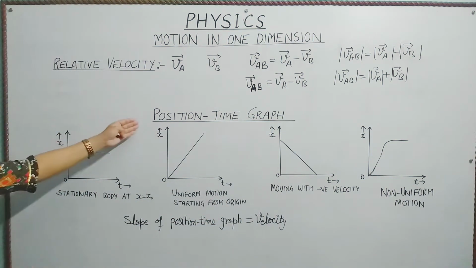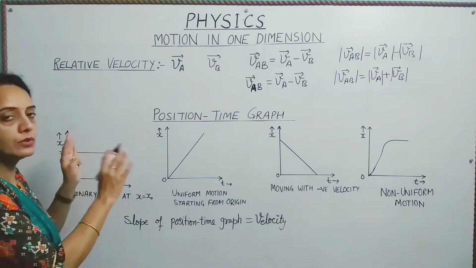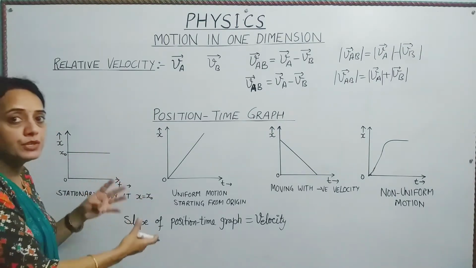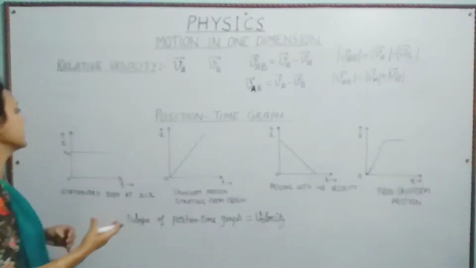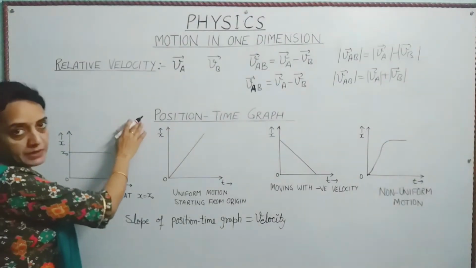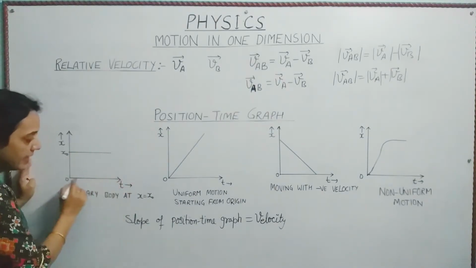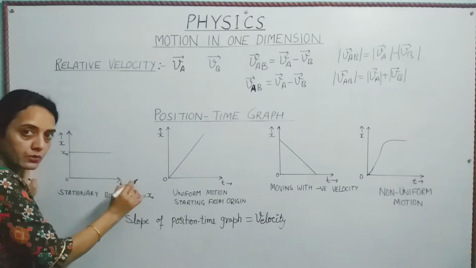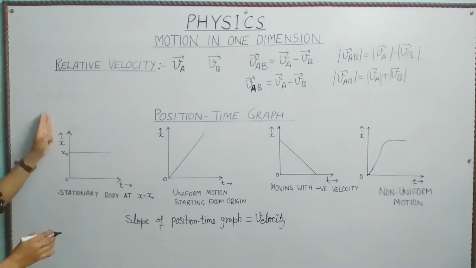Now, graphs, as I said, are very important. We should know about some graphs and learn how to extract information from them. First of all, the position-time graph. On the x-axis, time is shown, increasing in this direction, and on the y-axis we show the position.